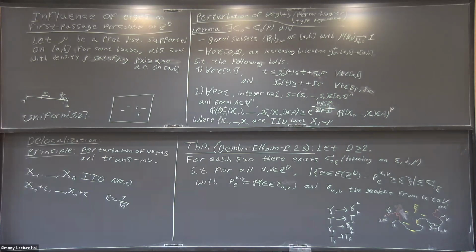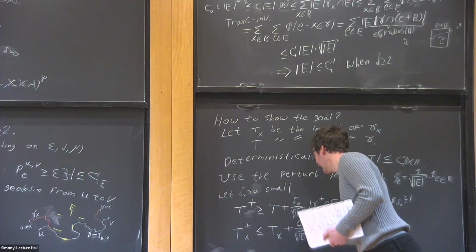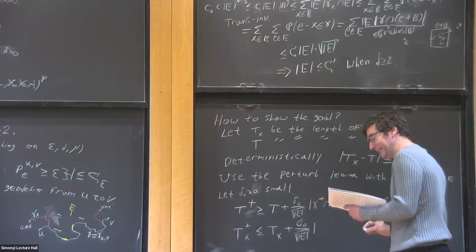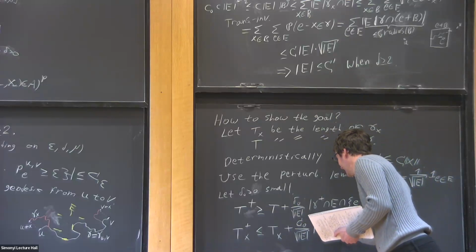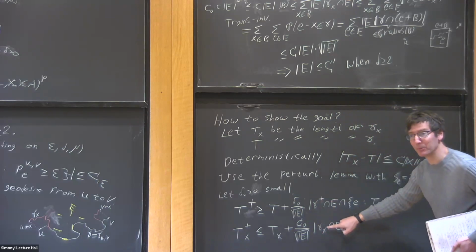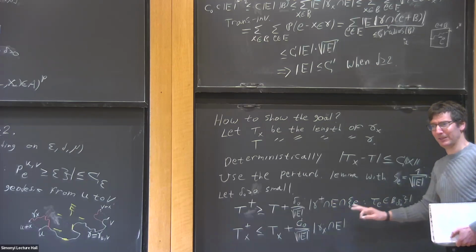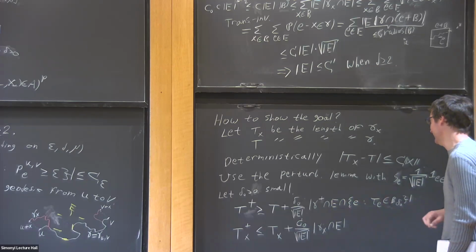So at most some C0 divided by square root E, and then gamma x intersection E. Here it's gamma plus, here it's gamma without a plus. When you think about it, it becomes clear, but it's not so important now.